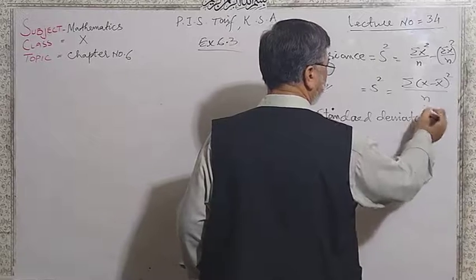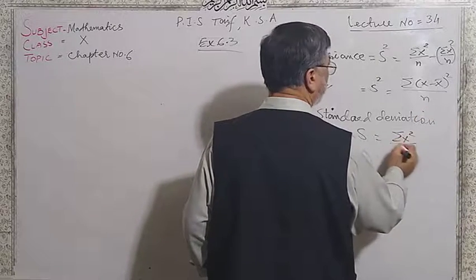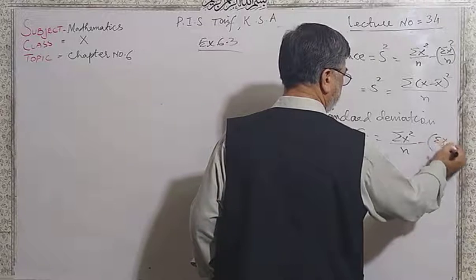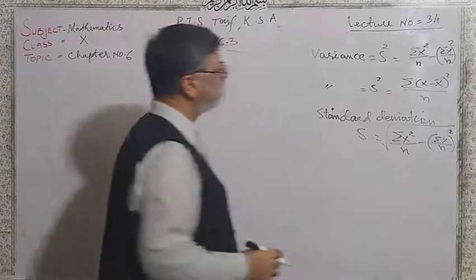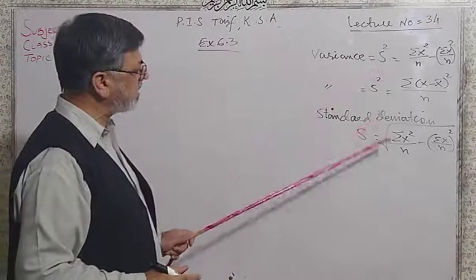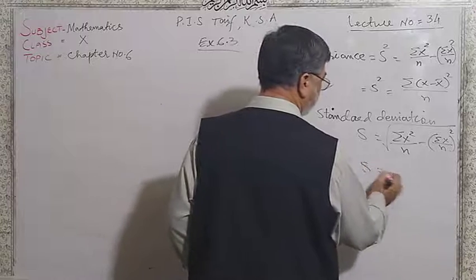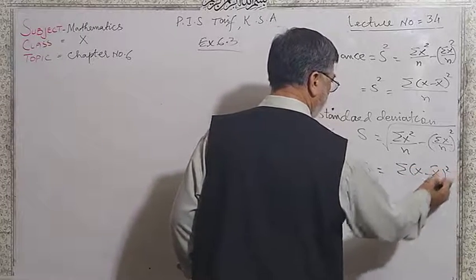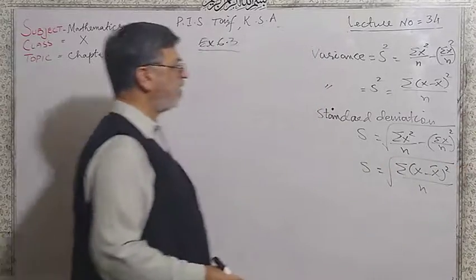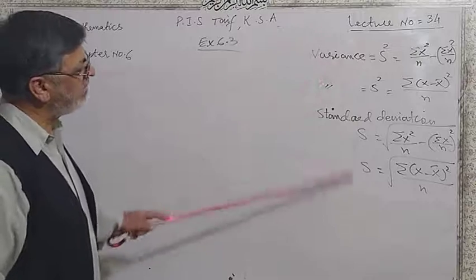In case of standard deviation, we have S is equal to sigma x square over n minus sigma x over n whole square, whole under root. S is known as standard deviation. You will take the square root on both sides, and next is sigma x minus x bar square over n whole under root. This is known as proper mean formula for standard deviation.